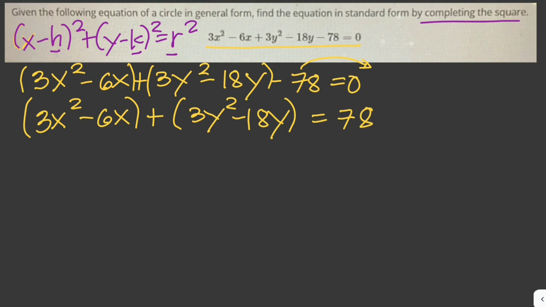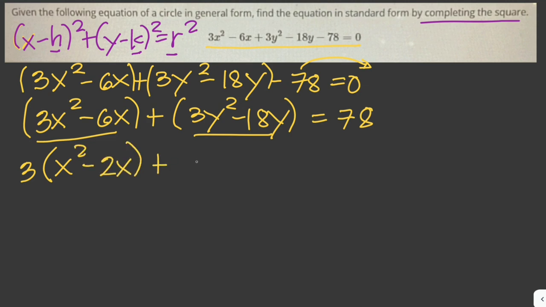Okay, before completing the square, we can factor out 3 here and also here because they're both divisible by 3. So we have 3, then we're left with x squared minus 2x inside the parenthesis, and we factor out 3, then y squared minus 6y equals 78.